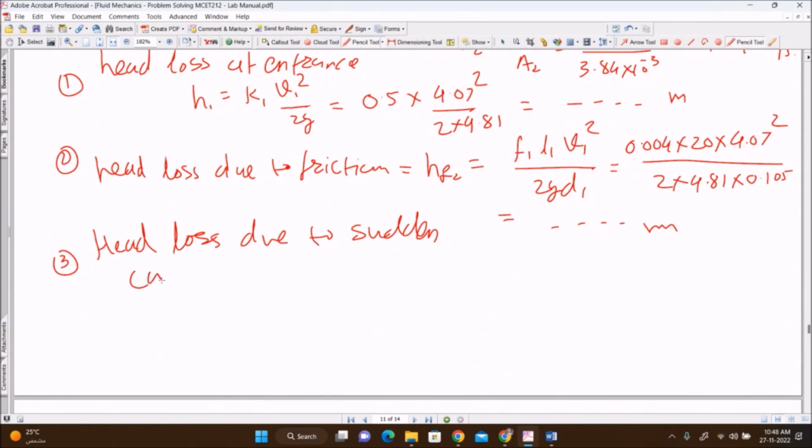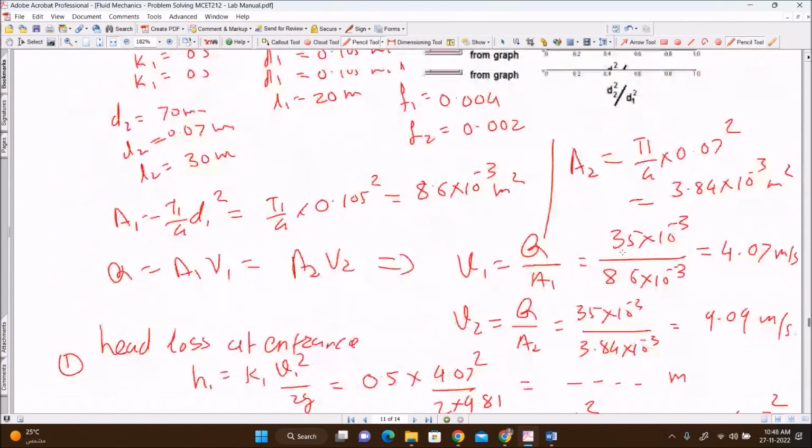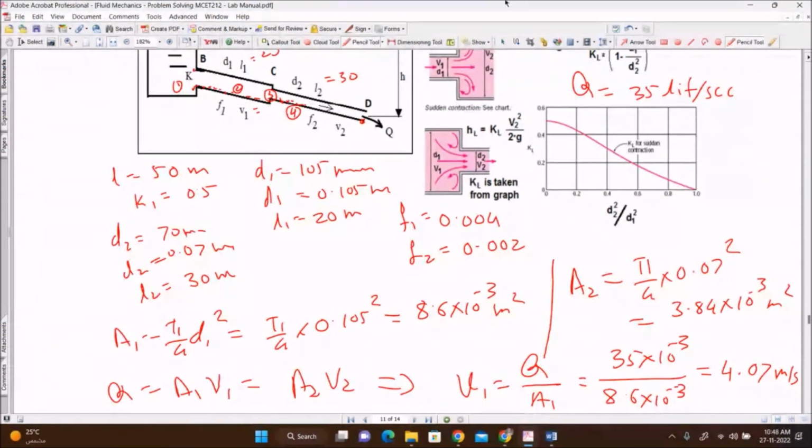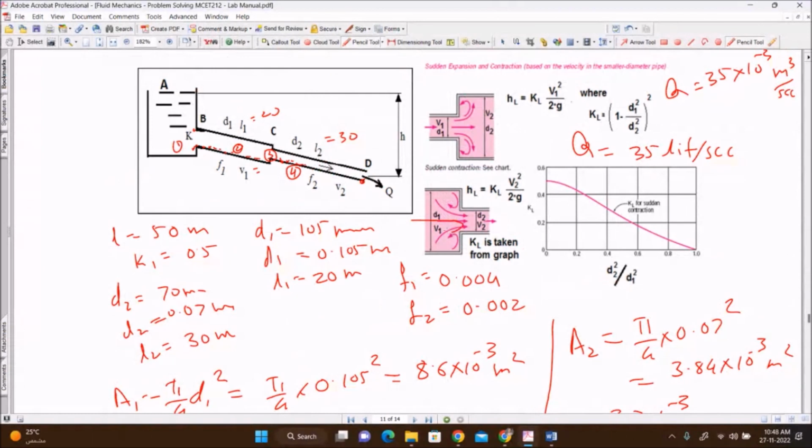Number 3, head loss due to sudden contraction. HSC is equal to KSC into V square by 2G. Here it is very important to take V2 or V1. This is the flow direction, and this is a sudden contraction.